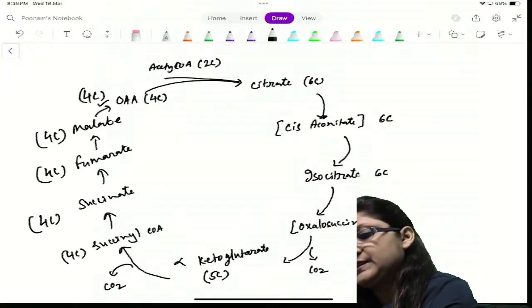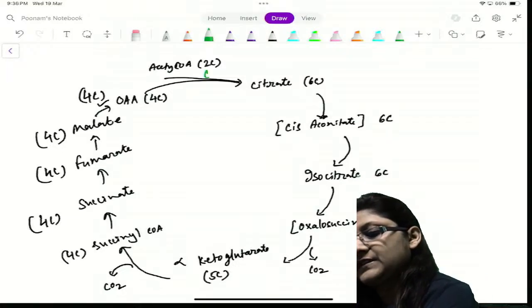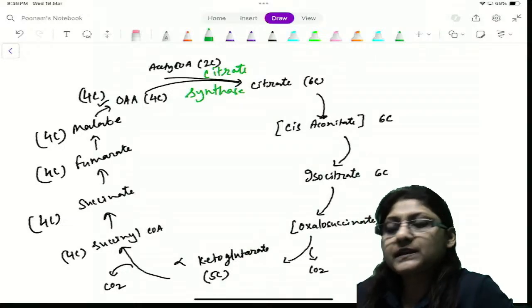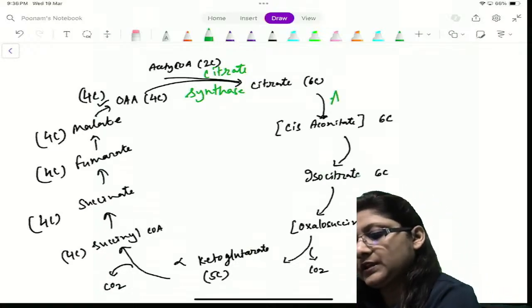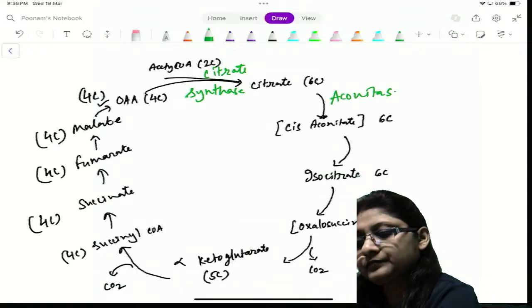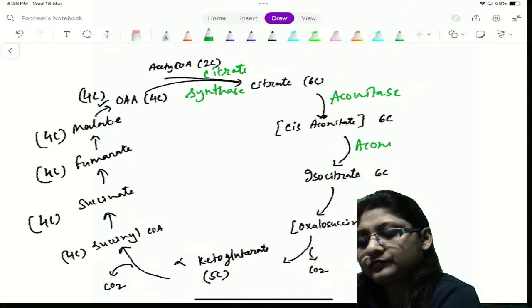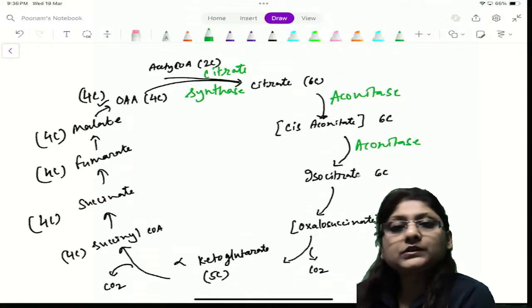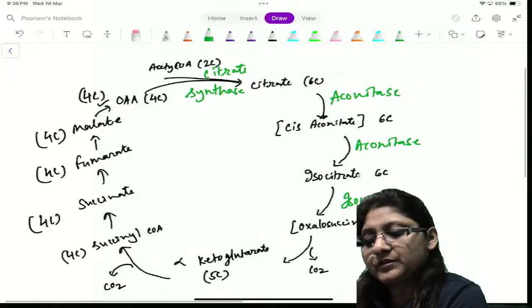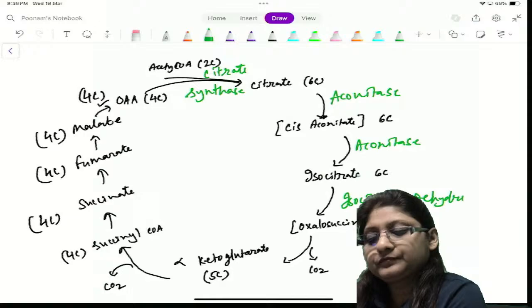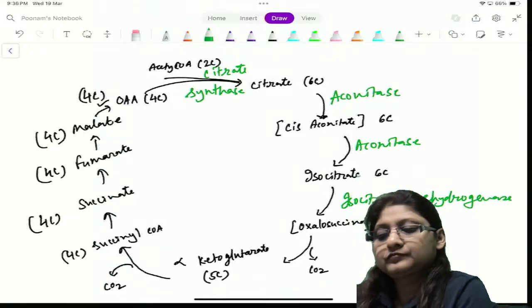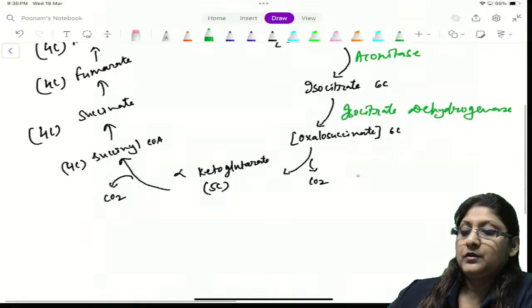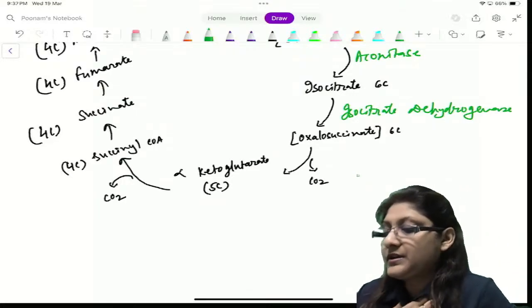If we talk about the various enzymes, the first enzyme is citrate synthase. The second enzyme is aconitase. The third enzyme is isocitrate dehydrogenase.